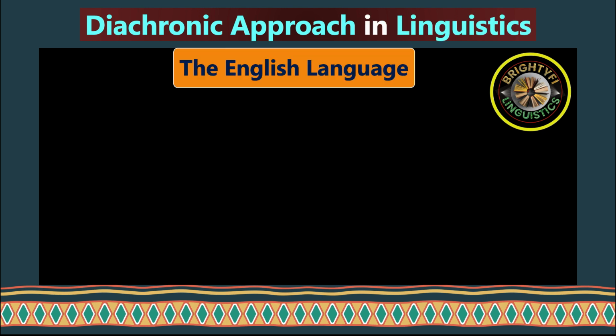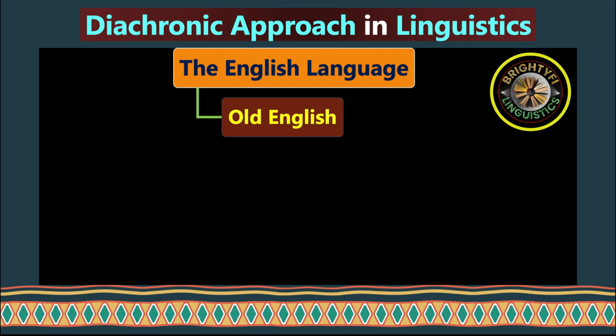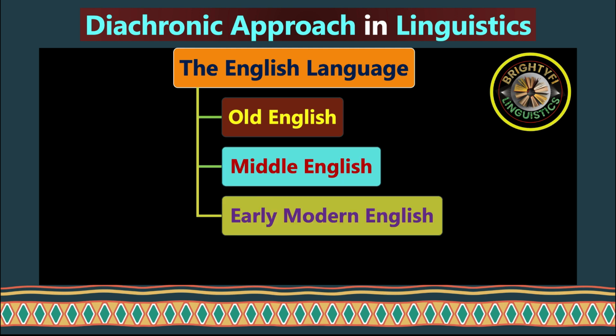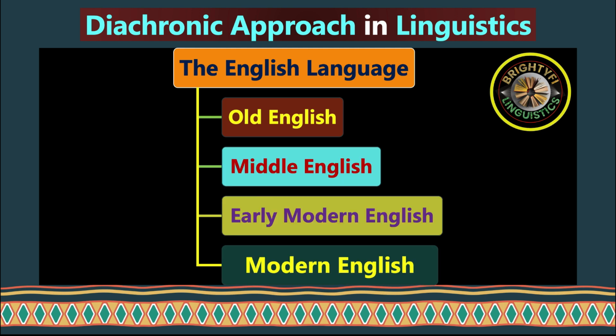If you want to study the English language and your approach is diachronic, we will study the English language in this manner, starting from Old English to Middle English to early modern English and modern English, in a historical manner, in the way the language has developed.